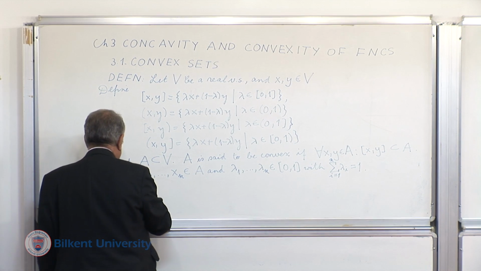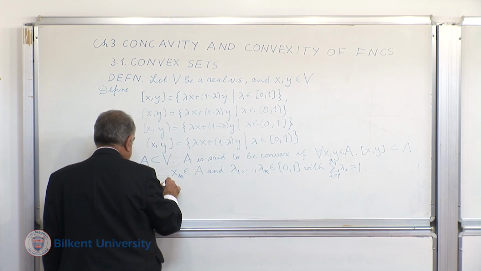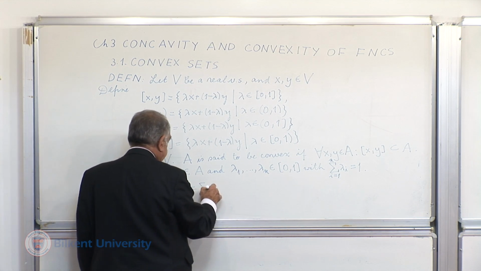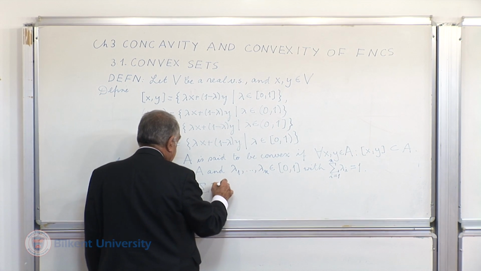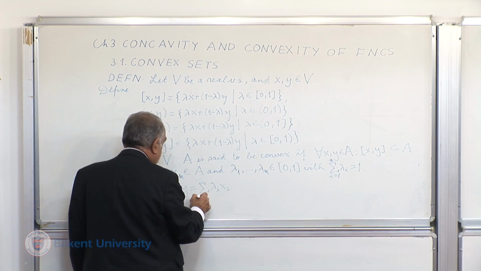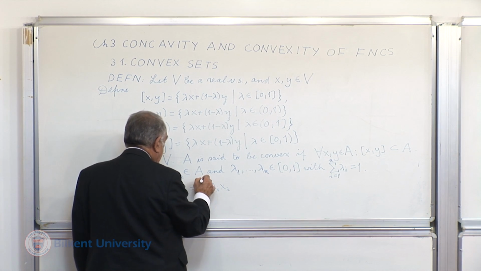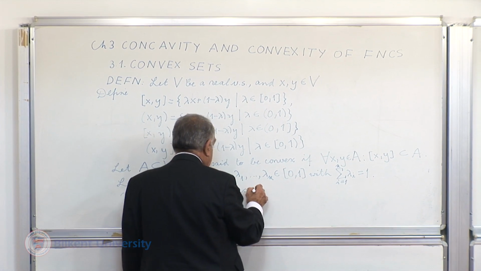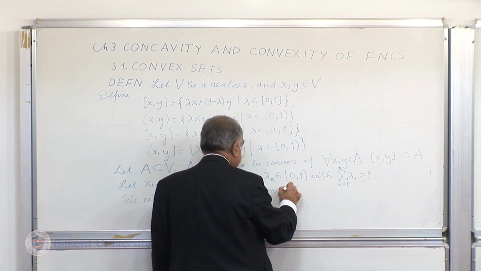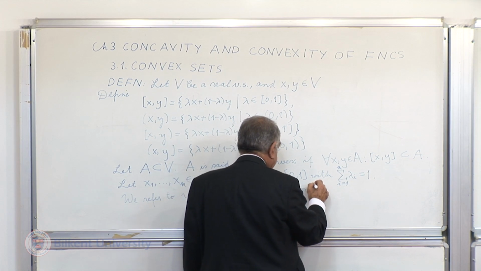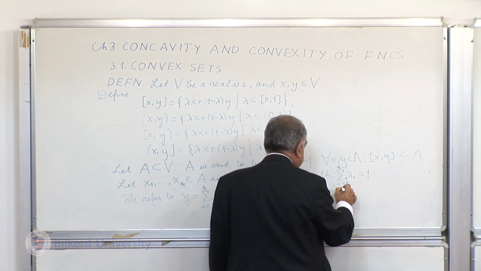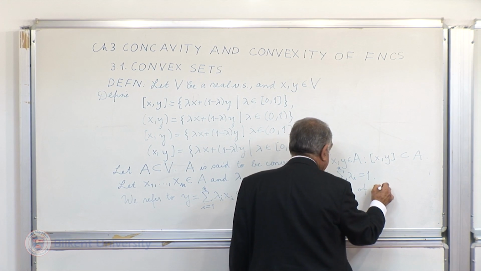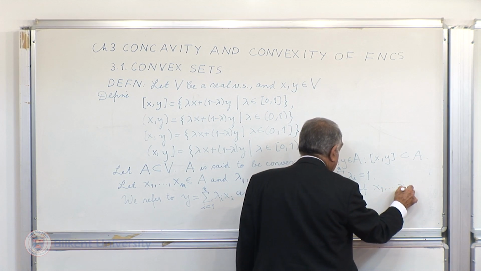We refer to y equal to the sum of lambda i x_i from 1 to k as a convex combination of x1 up to xk.